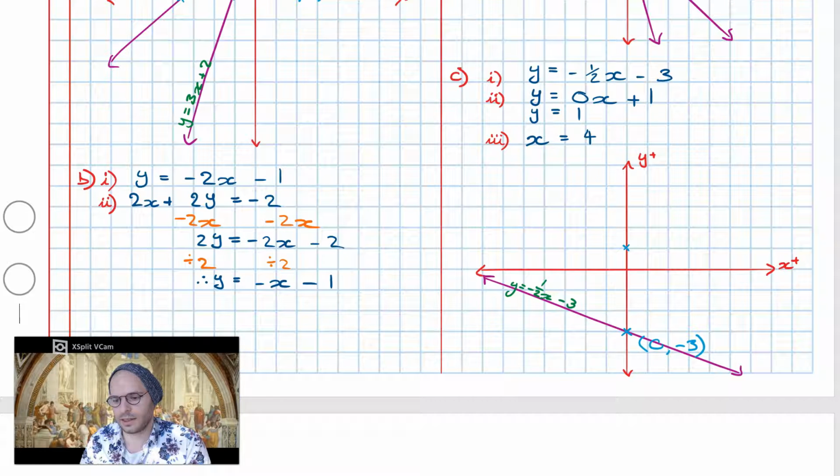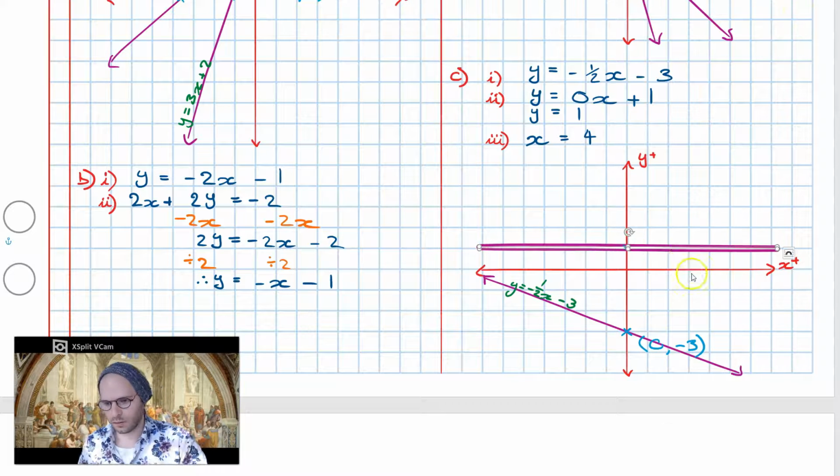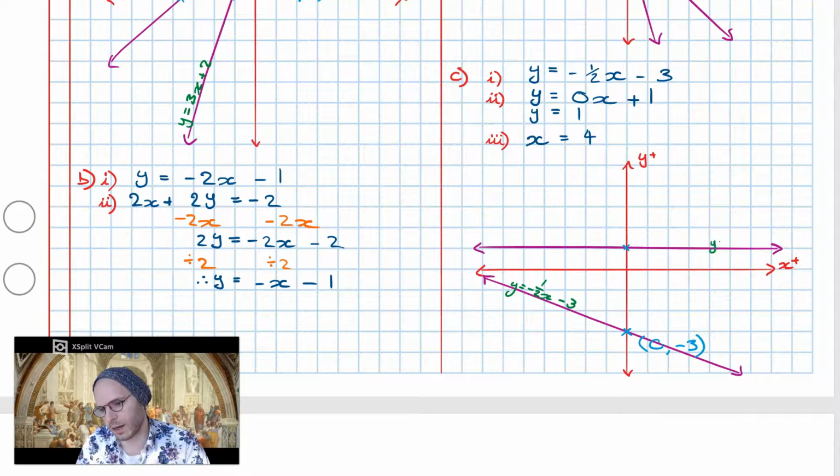In this case it's here. Now because we have a slope of 0, what that means is we're going to flat line like so. So using a ruler, all I need to do is draw a straight line. So this is y equals 1. So y takes on every value of 1, no matter what value x is.